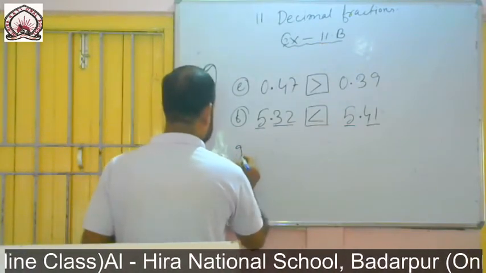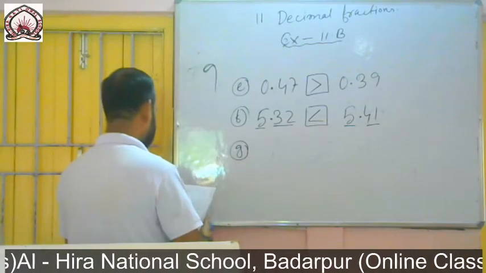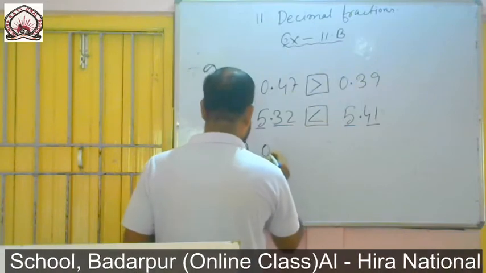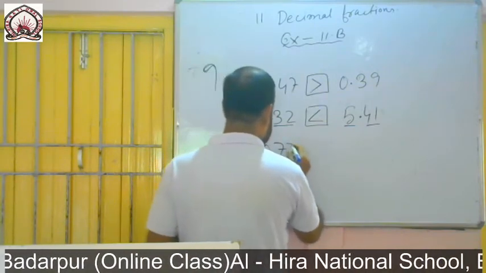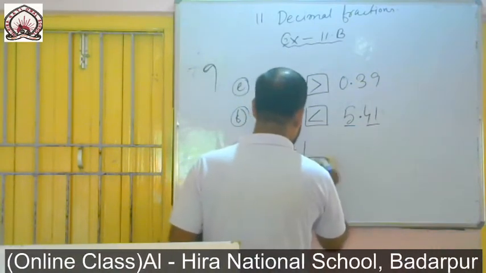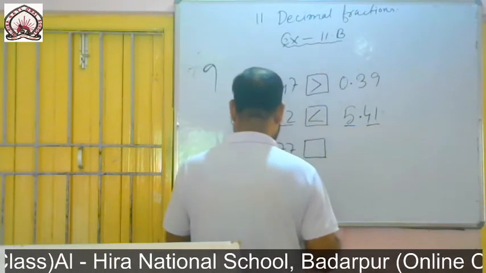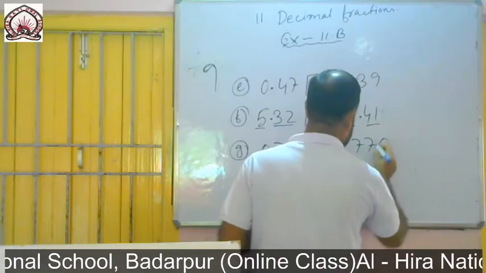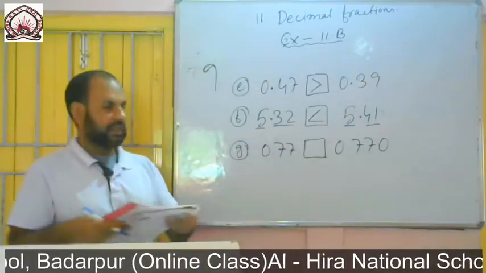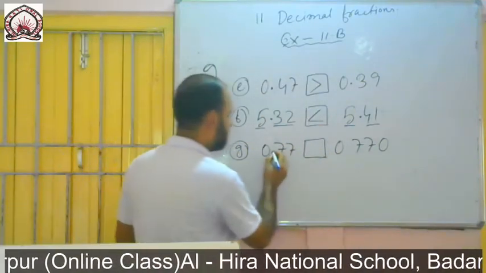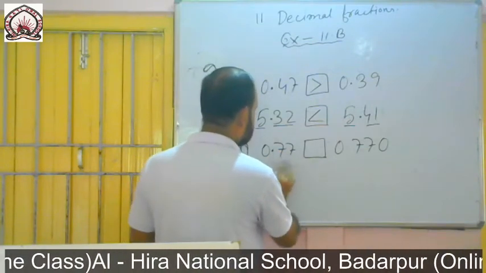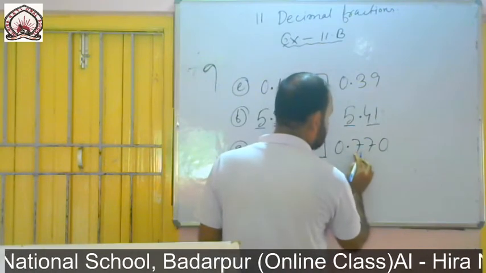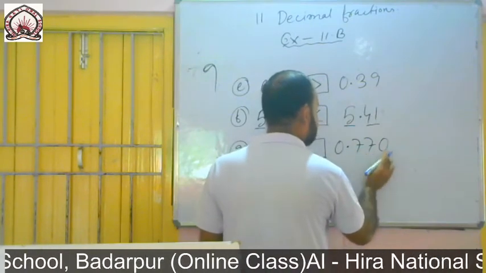Next, question number G. 0.77 box 0.770. Here after the point there are 2 digits, 0.77, and here 0.770.